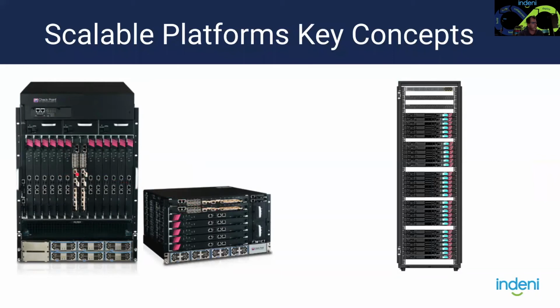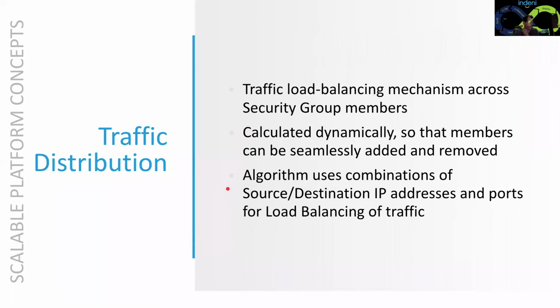Once a packet is received on one of the ports, a hash function is applied to the packet, and according to some decision function, the packet is distributed to one of the SGMs. This is how traffic is distributed. It's pretty standard load balancing. Usually, the default distribution function is based on source IP, destination IP, source port, and destination port.